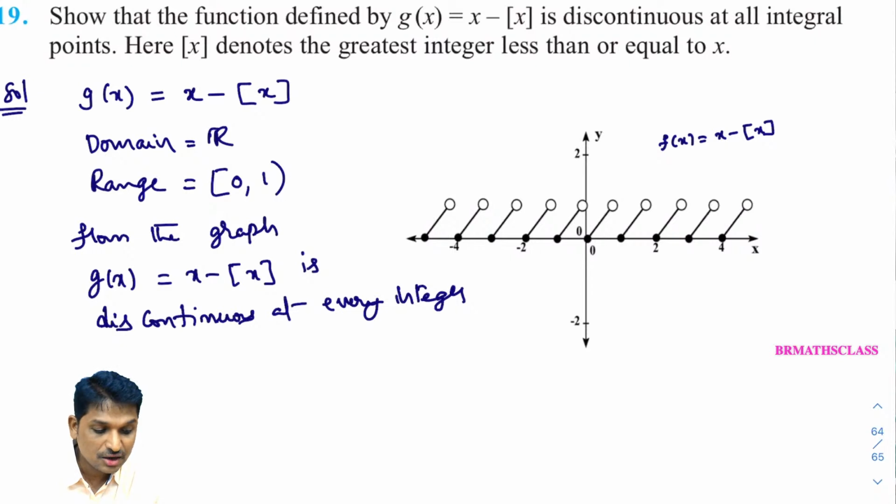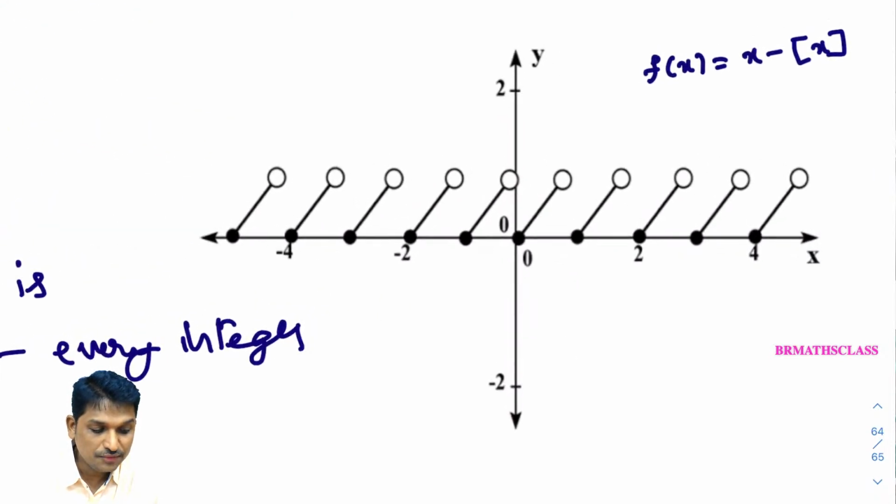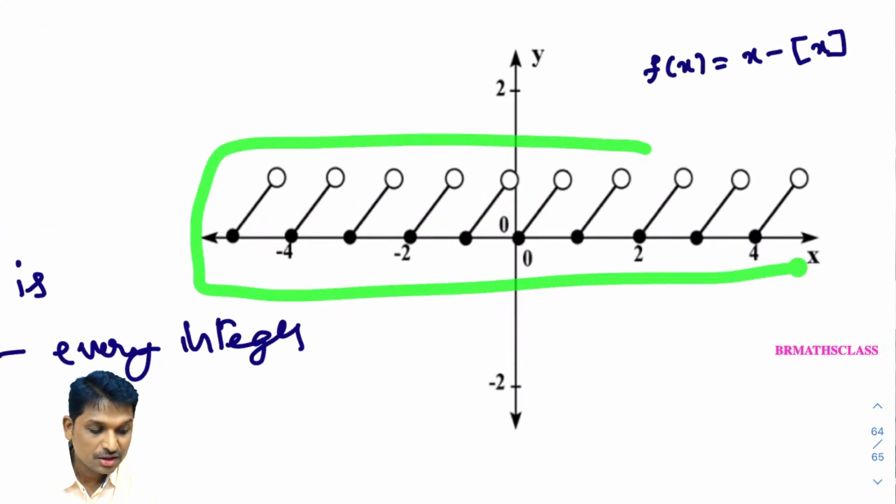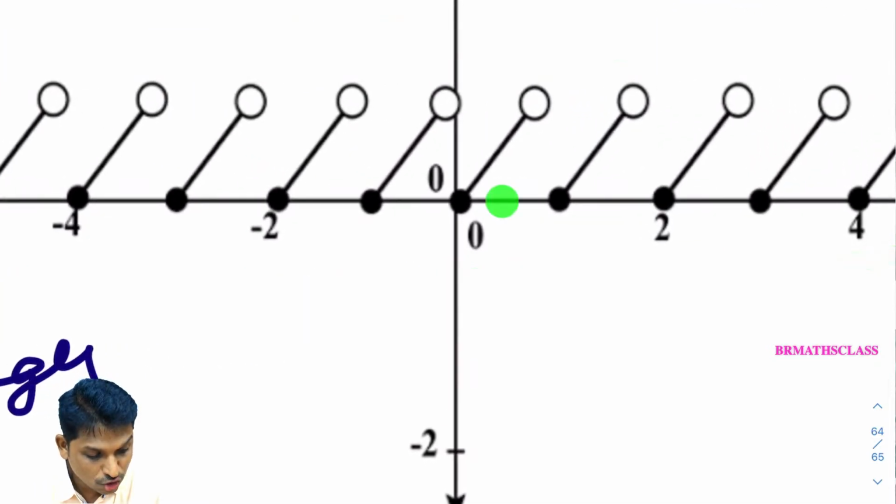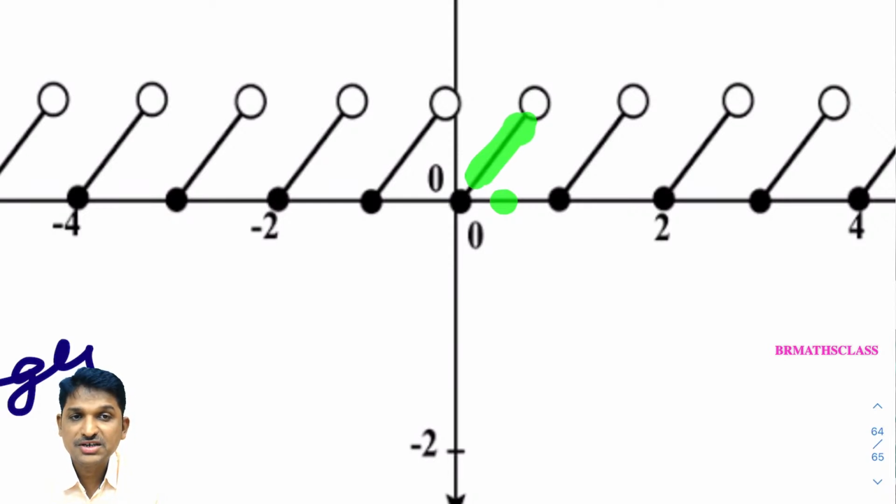Now if someone asks what is the continuity of this function at 0.5, you discuss the continuity of the function at 0.5. You look here, this is 0.5. There is no gap in its graph. I hope you are understanding, right? At 0.5, this fractional part function is continuous.